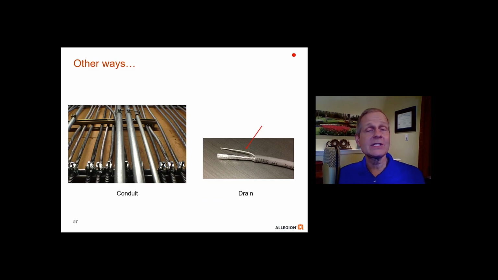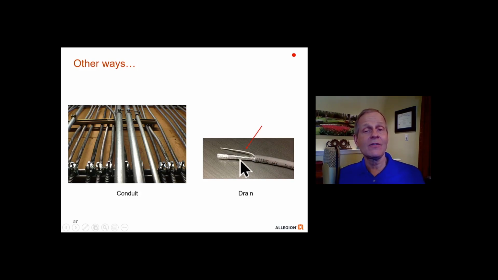Now, there are some other ways to provide shielding. A conduit is another method for providing shielding, or armored cable. Conduit is certainly going to be more expensive, not only from a labor standpoint but a material standpoint. It's much more difficult to work with. But conduit and armored cable will provide shielding. Now, on the cable on the right-hand side, you can see that we've got a drain wire right here.